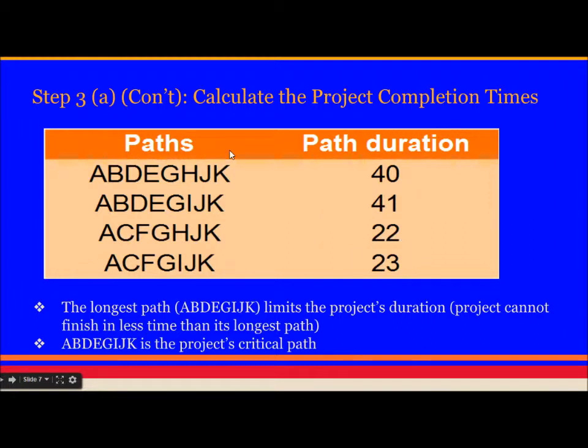So the longest path is the second one, A, B, D, E, G, I, J, K, which takes 41 minutes or hours or days, whatever the unit is. The longest path is the one we call the critical path, because we cannot complete this project in less than 41 hours. So the longest path always becomes the critical one.